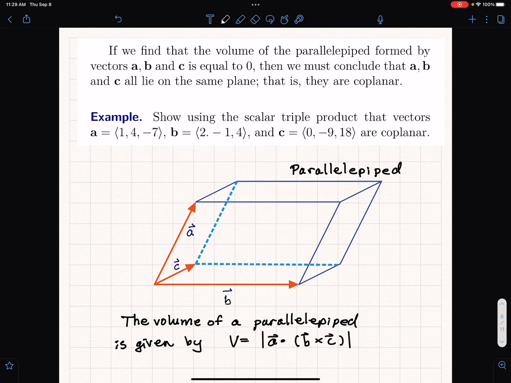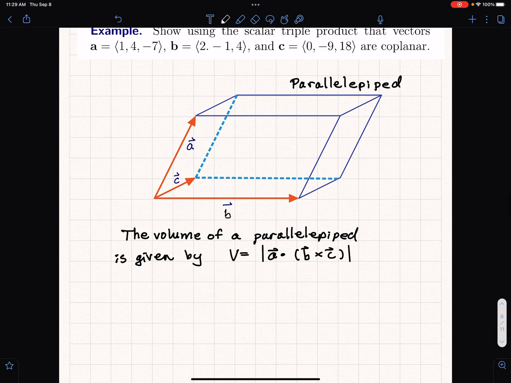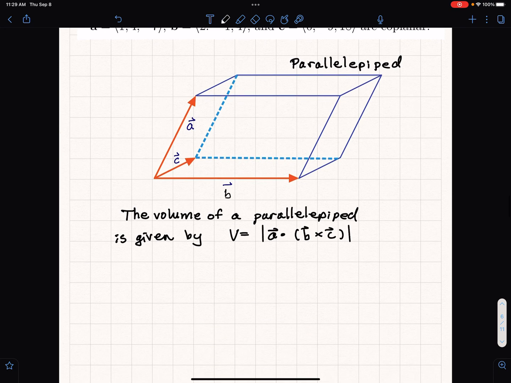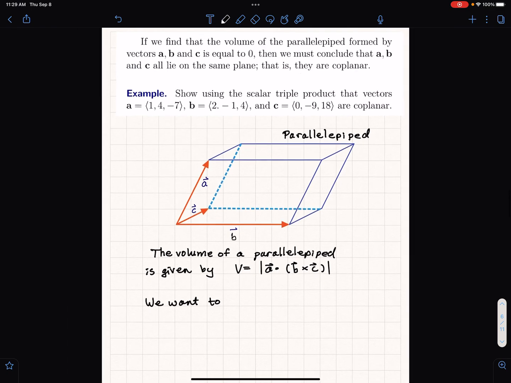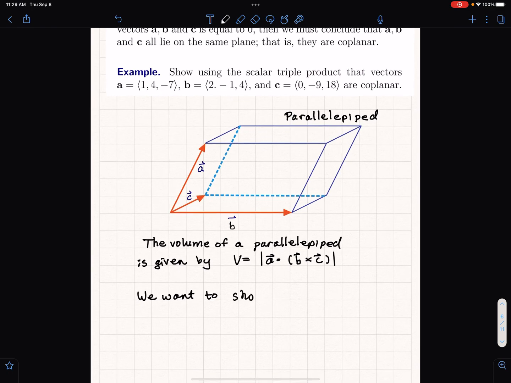So in our situation, we want to show A, B, and C are coplanar. It says that in the directions. So we want to show that the volume, which is the absolute value of A dot B cross C, is equal to 0 for these particular vectors.